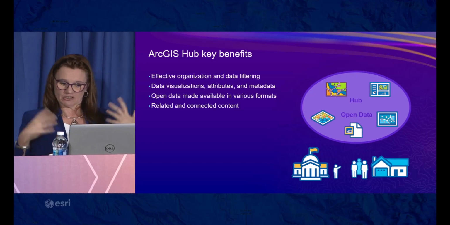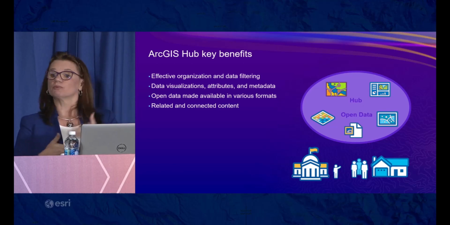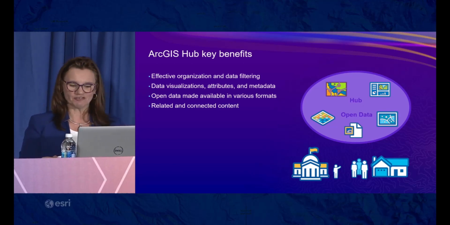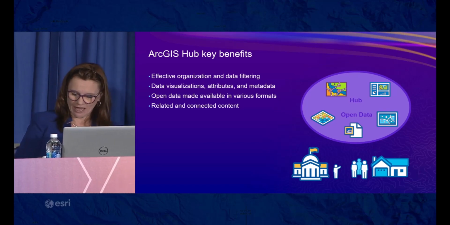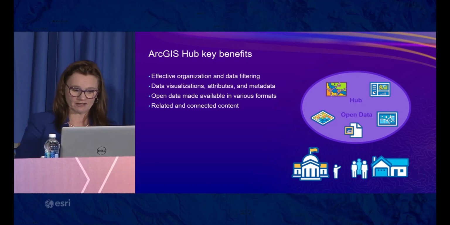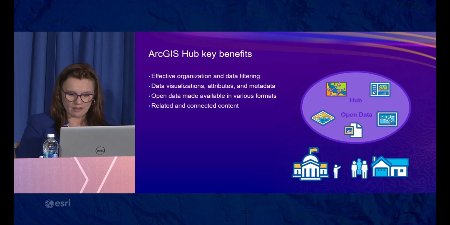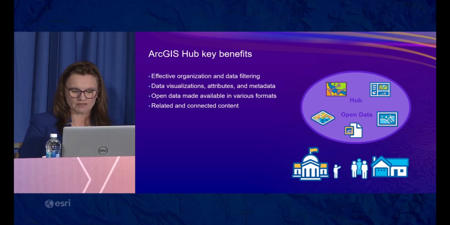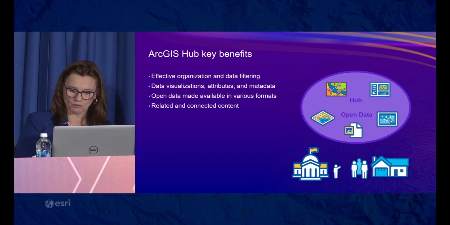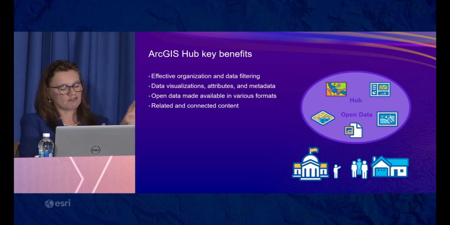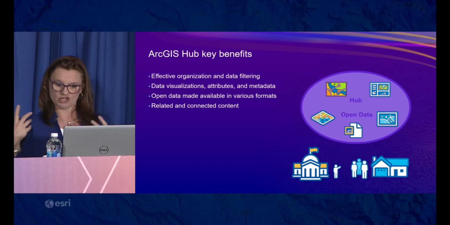There are data visualizations, there's support for metadata, all that documentation of our data that we rely on so much when we're looking for data, right? And then we can download data in various formats. People can download the format that is most relevant for their own work and for their analysis. And oftentimes we can even find related and connected content.